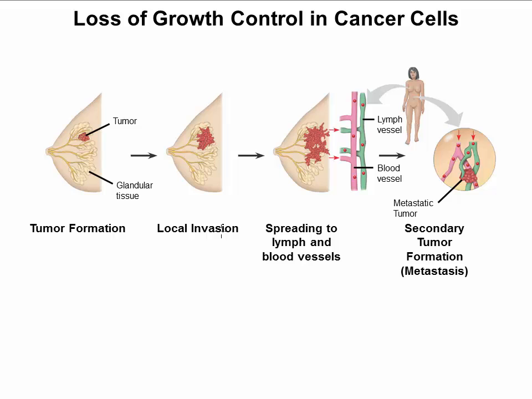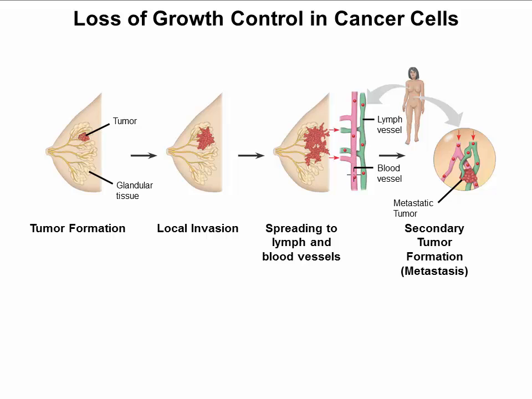Where cancer becomes very dangerous is when we lose that anchorage dependence. And so if the cells of the tumor are no longer limited to dividing by their continued contact with other cells in their surrounding area, they can actually break free and, instead of undergoing apoptosis, survive and encounter blood vessels, lymphatic vessels. So these are the circulatory vessels that allow flow of blood and lymphatic fluid throughout the body.